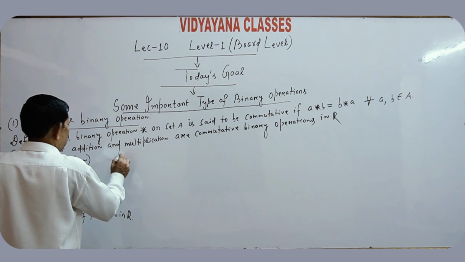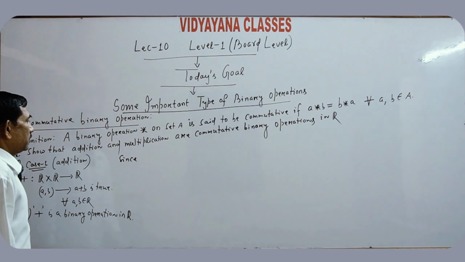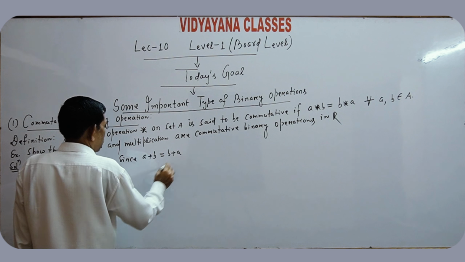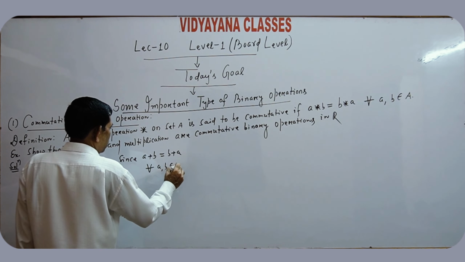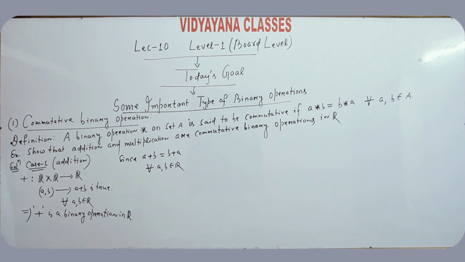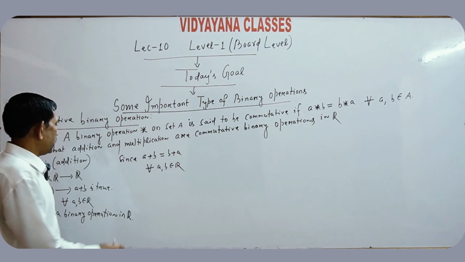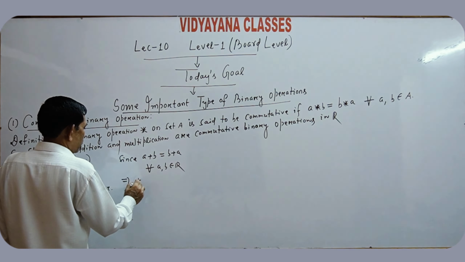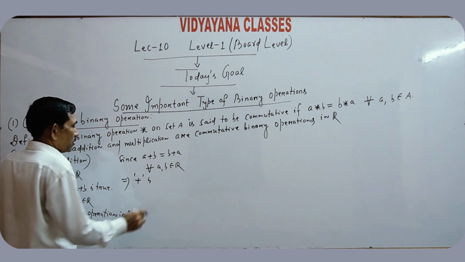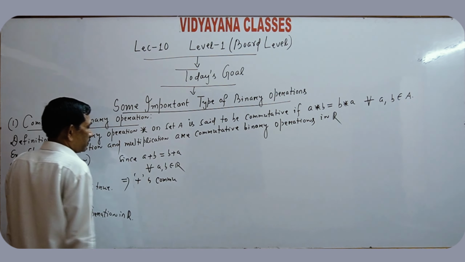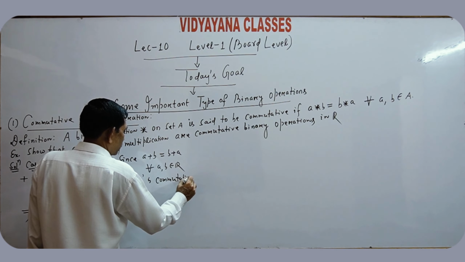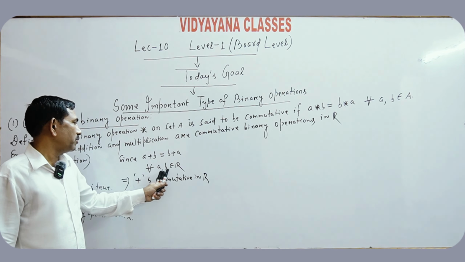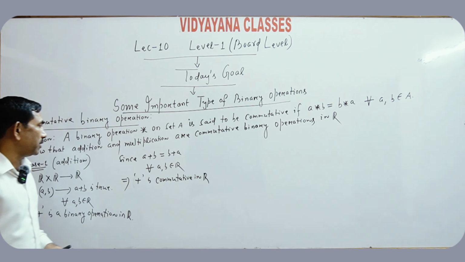Again, since A plus B is equal to B plus A for all A and B belongs to R, and A plus B and B plus A are the same, this implies addition, that is the plus sign, is commutative in R. Addition of two real numbers is a real number.